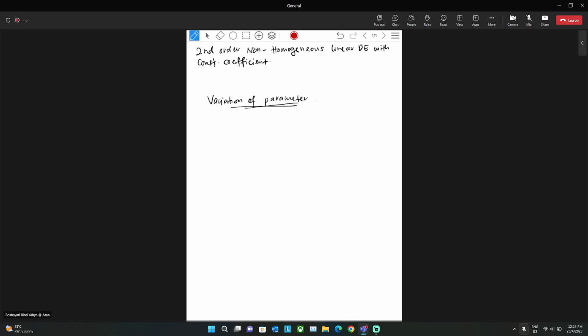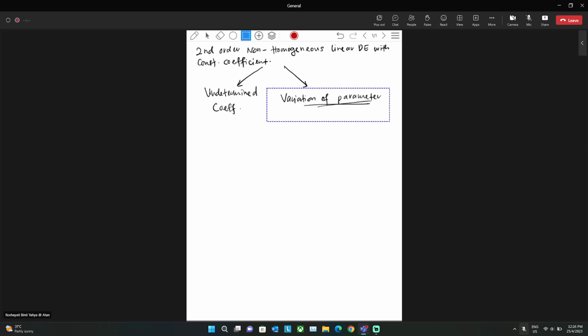You can have two methods. The first one just now was what? Undetermined coefficient. The second one is variation of parameter that we are looking at.